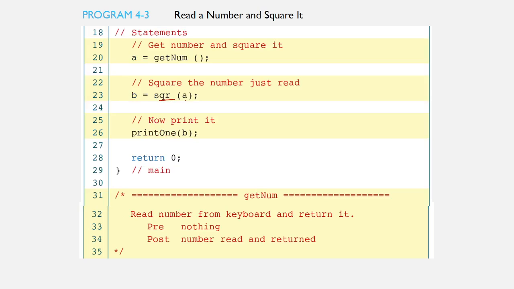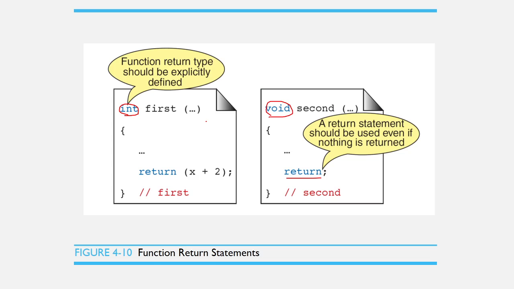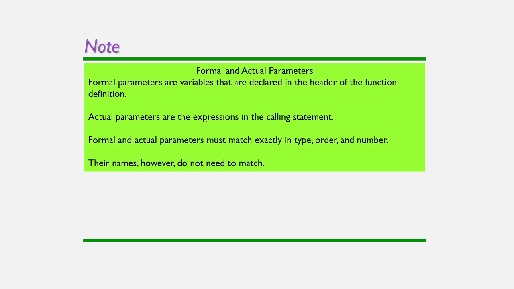You have the function call square with a parameter a, so this is the actual parameter. You may have a single variable, an expression, or an exact value here. Formal and actual parameters must match exactly in type, order, and number.